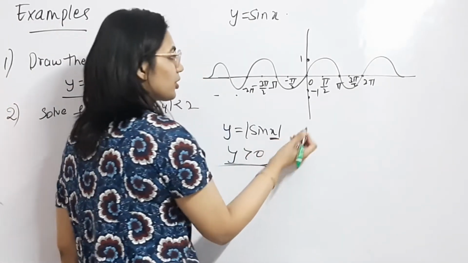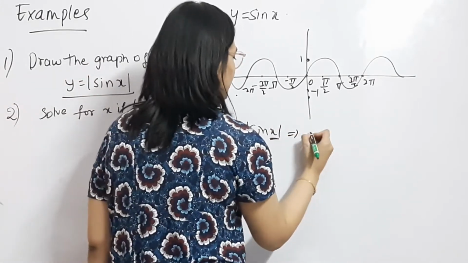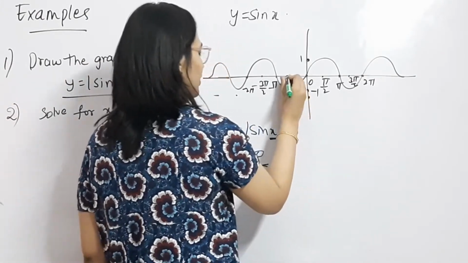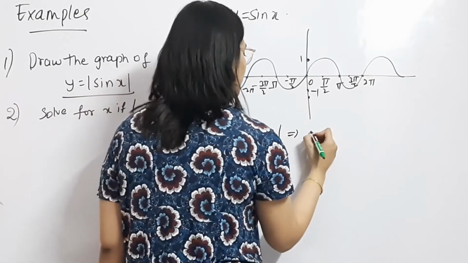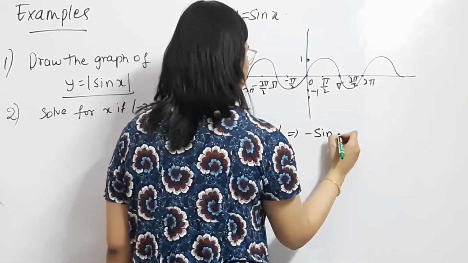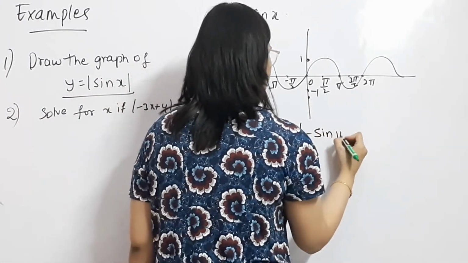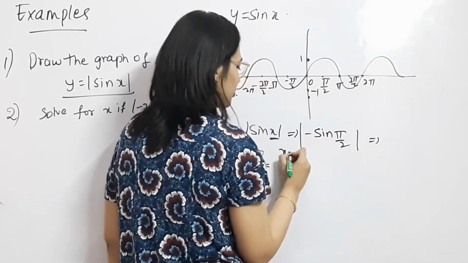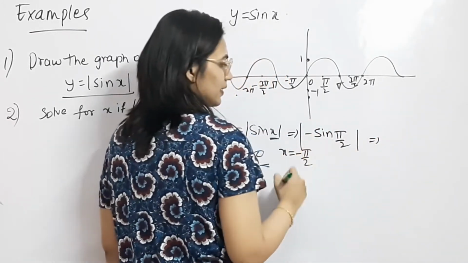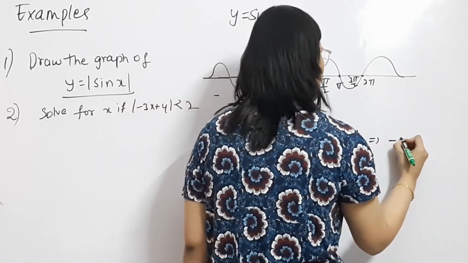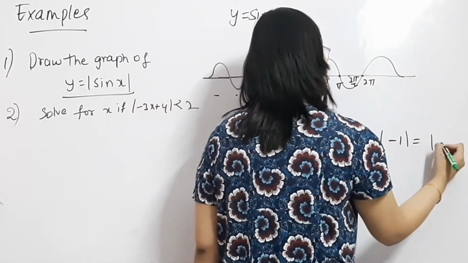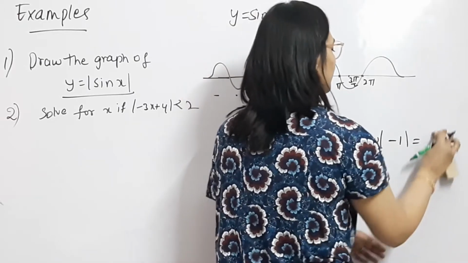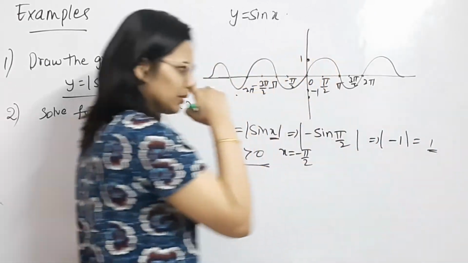Now if you put various values of x, for example, what will happen when x is minus pi by 2? We'll get minus of sin pi by 2, right? Minus of sin pi by 2 is minus 1, so we get mod of minus 1, which is nothing but 1.